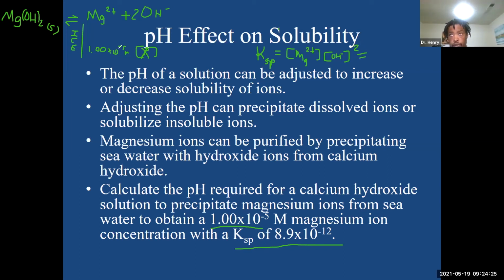Okay, so if we define it as this, that's just 1.00 times 10 to the minus 5 times X squared.